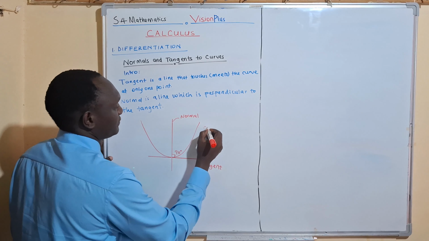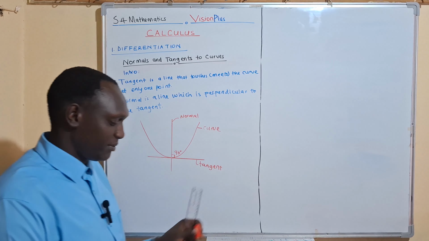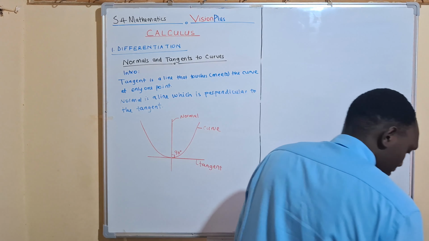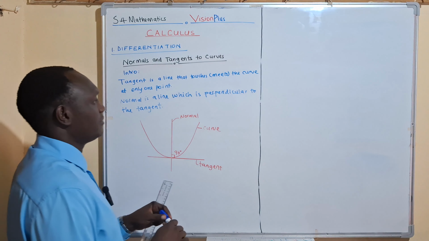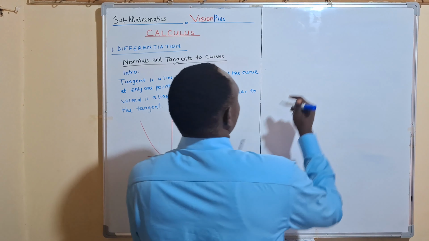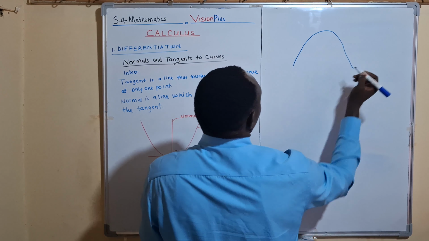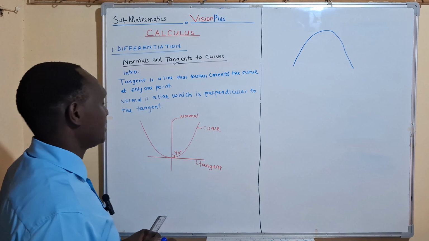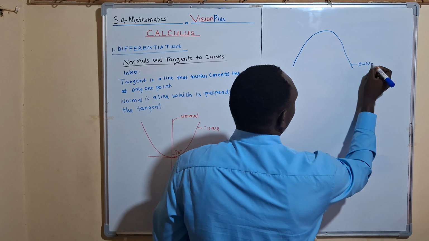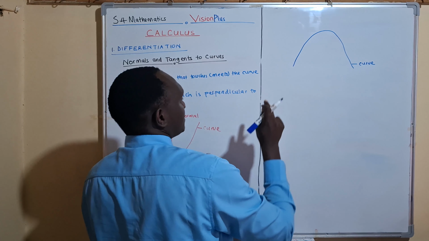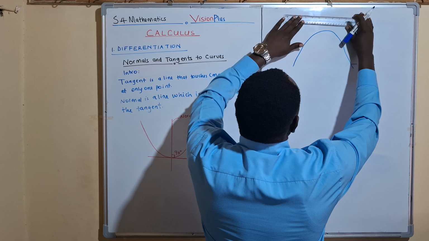And then this is the curve. Remember that your curve can be in any manner. For instance, you could have a curve like this. I'm not drawing perfectly. This is your curve. It means the tangent to this curve is that line which will touch it at one point.